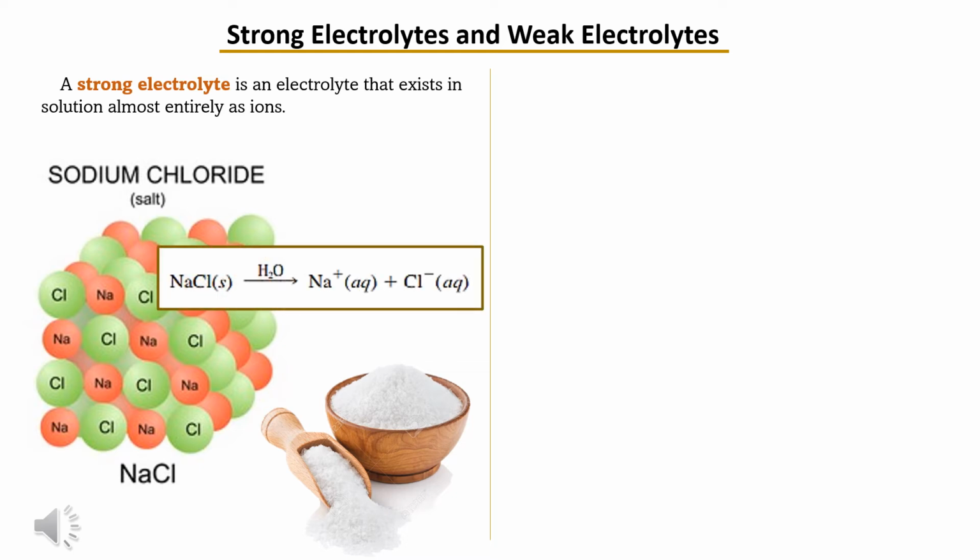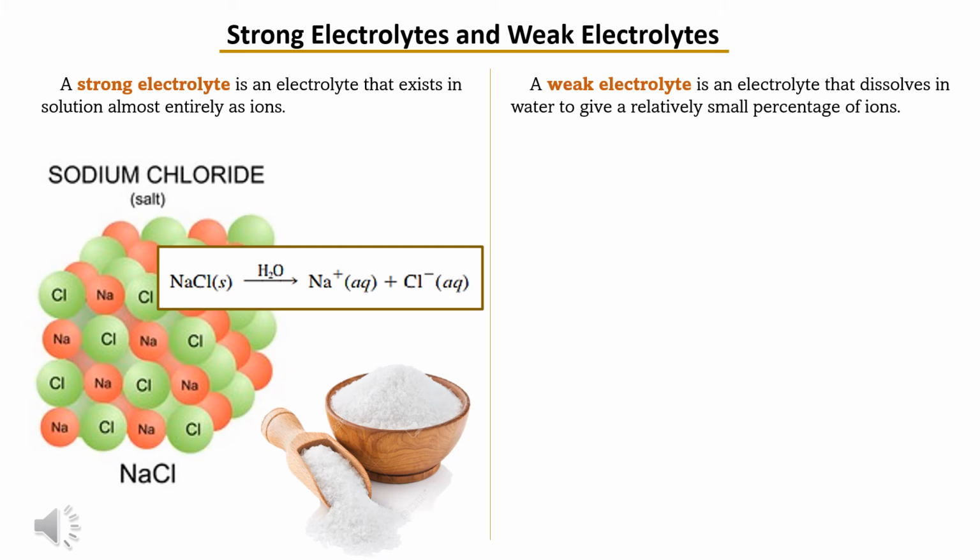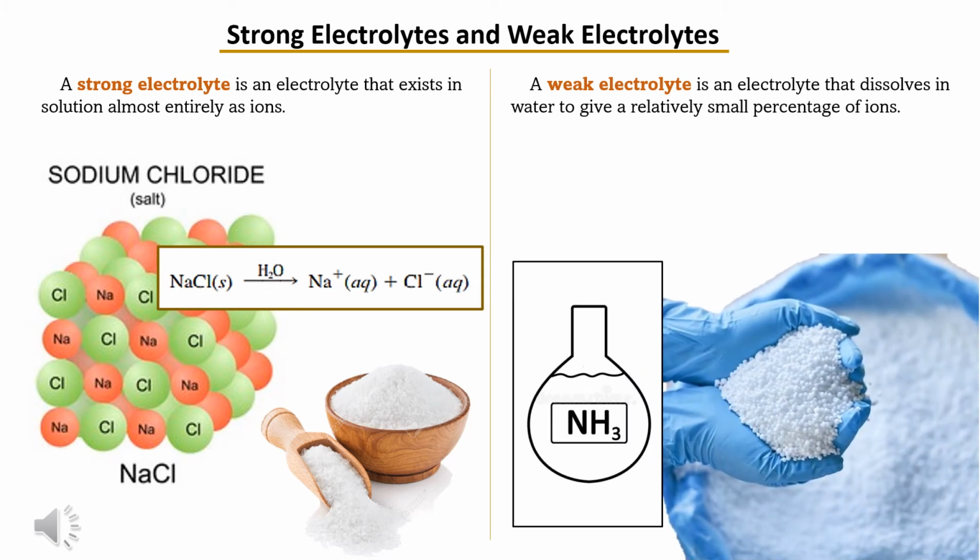Okay, so what about weak electrolytes? A weak electrolyte is an electrolyte that dissolves in water to give a relatively small percentage of ions. These are generally molecular substances. Ammonia is an example of a weak electrolyte.